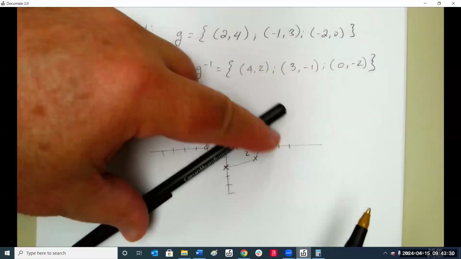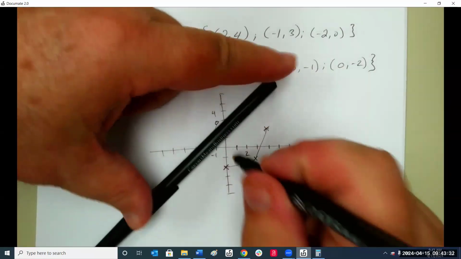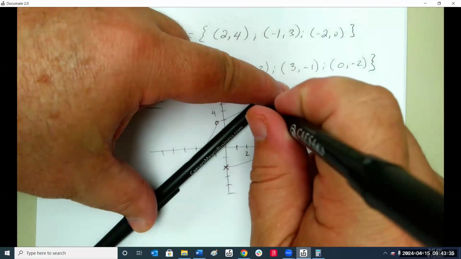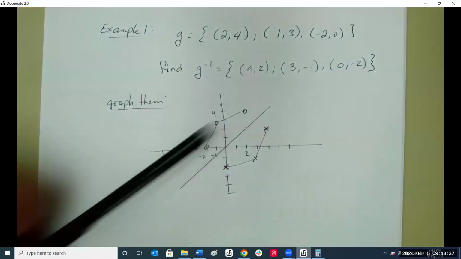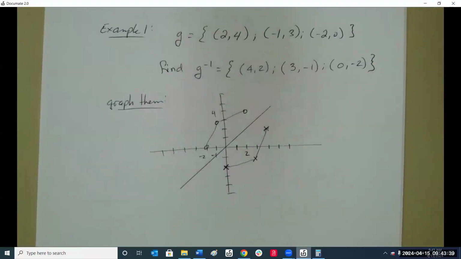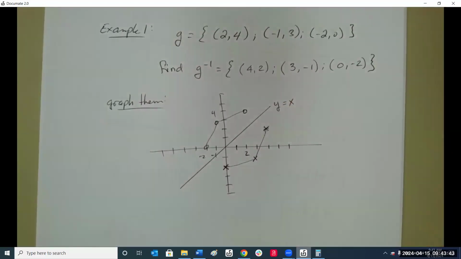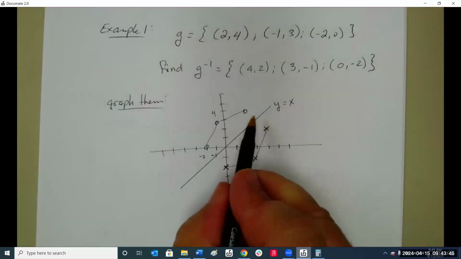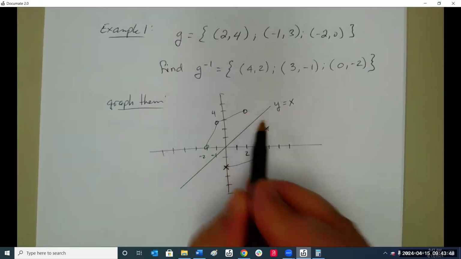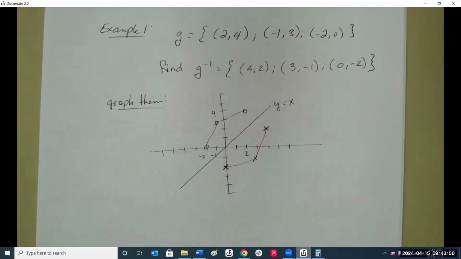No, it's across the line y = x. If you think about it, what did we do? We switched x for y.